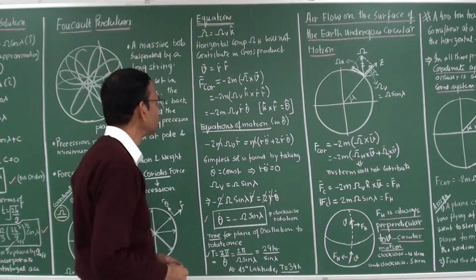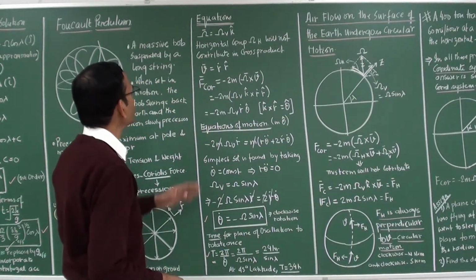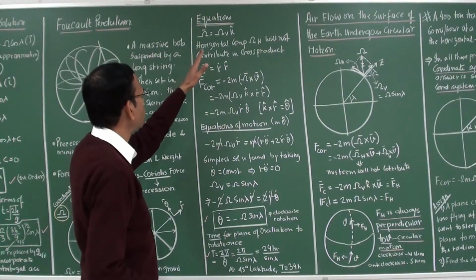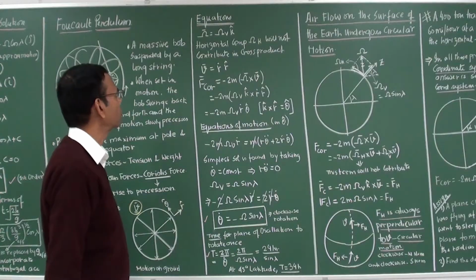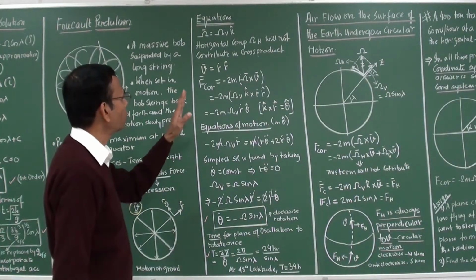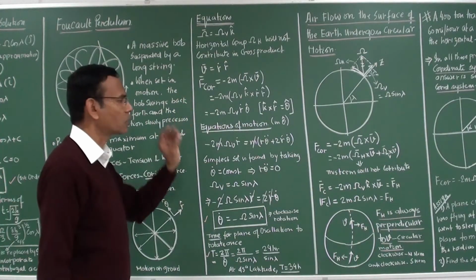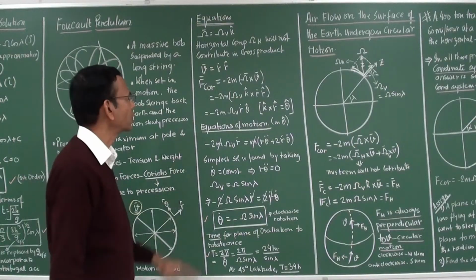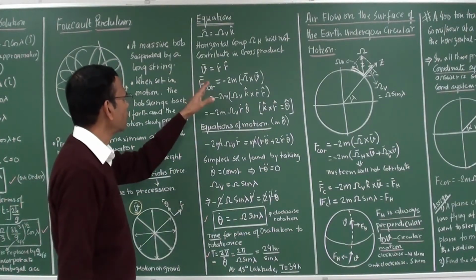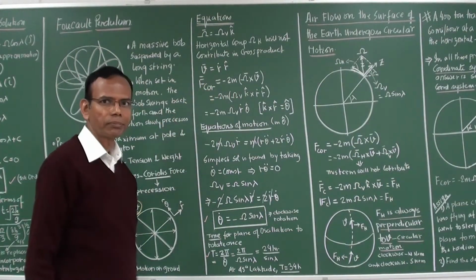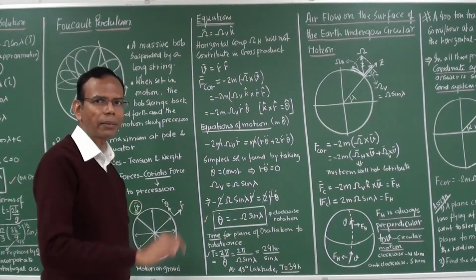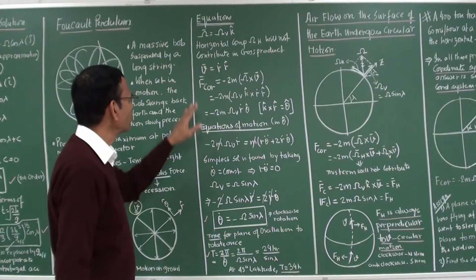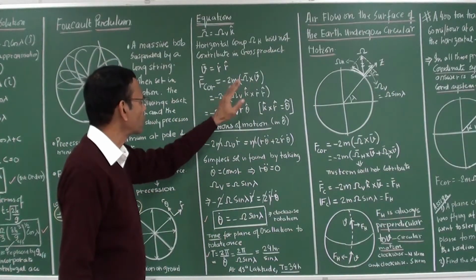Now, let us see the equations. Omega is omega v k cap, the vertical component. The horizontal component omega h will not contribute in the cross product, so we are not taking that. v we can write as r dot r cap. Obviously, r dot is the velocity in the r cap direction. So F Coriolis is minus 2m omega cross v.